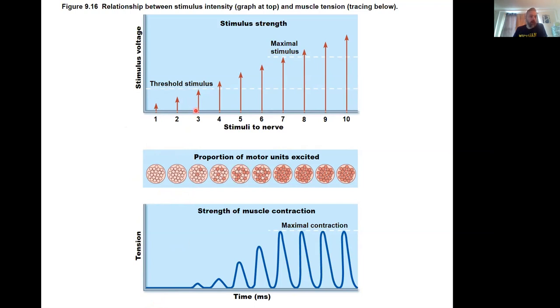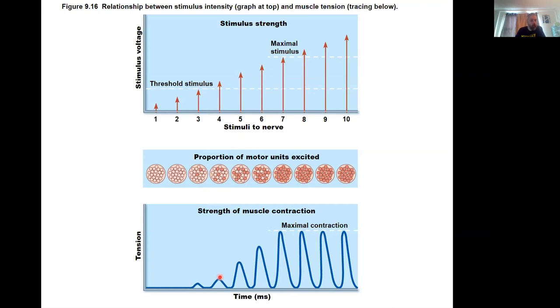But starting at 3 and moving our way upward, the stimulus is strong enough to stimulate at least some of the motor units, right? And so we start to see them get filled in here, right?